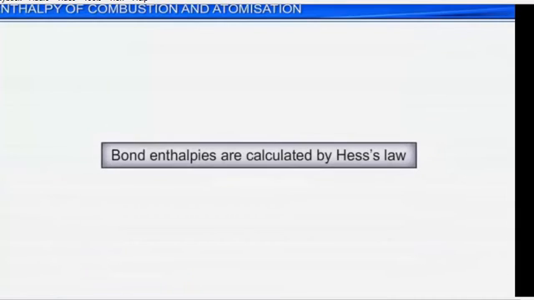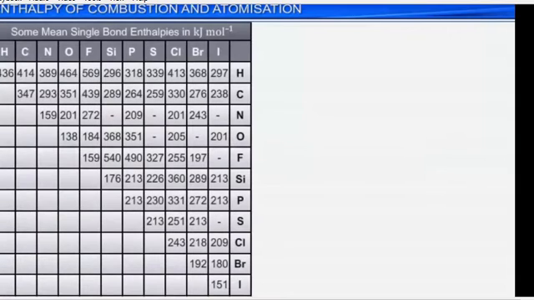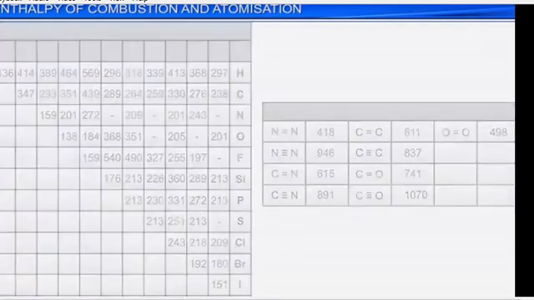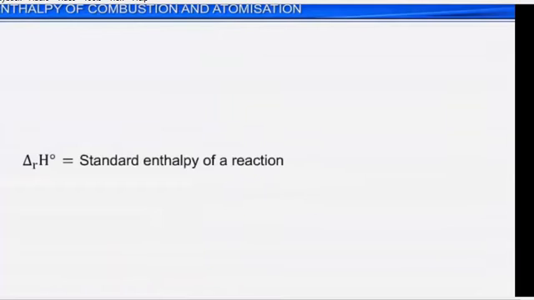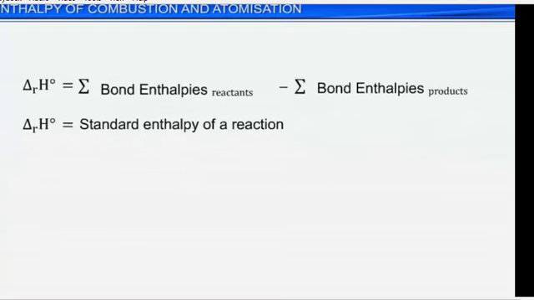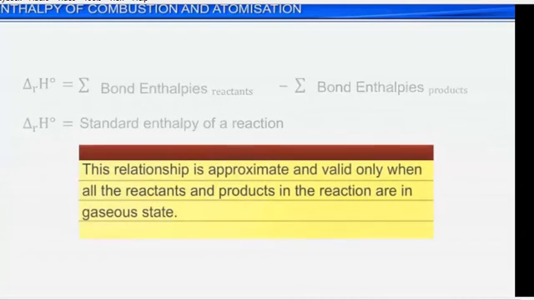The knowledge of bond enthalpies helps us in predicting the enthalpy of a reaction in gas phase. The standard enthalpy of a reaction, delta rH0, is equal to sigma bond enthalpies of reactants minus sigma bond enthalpies of products. It is important to remember that this relationship is approximate and valid only when all the reactants and products in the reaction are in gaseous state.